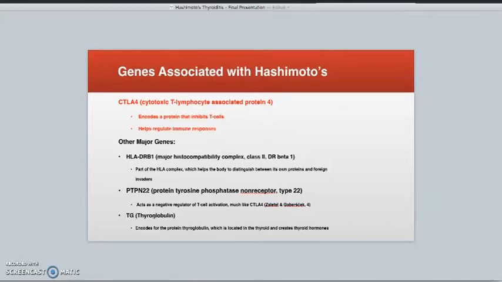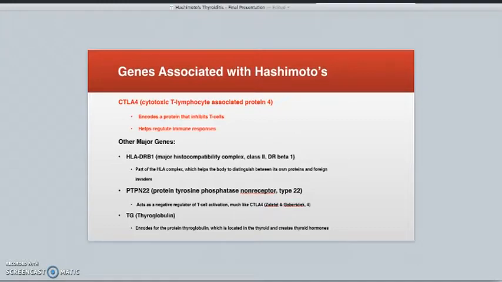There's also PTPN22, which is another regulator of T cell activation, but hasn't been shown to have as much of a correlation with the disease. And then there's the TG thyroglobulin gene. Thyroglobulin is located in the thyroid, and it creates thyroid hormones. So obviously, if your TG gene is breaking down, then the hormones cannot be created the way they're supposed to.